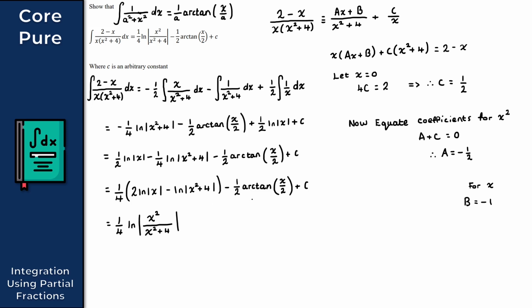We then have minus a half arctan of x over 2 plus c, exactly as required. And there we have it. That gives us the solution.